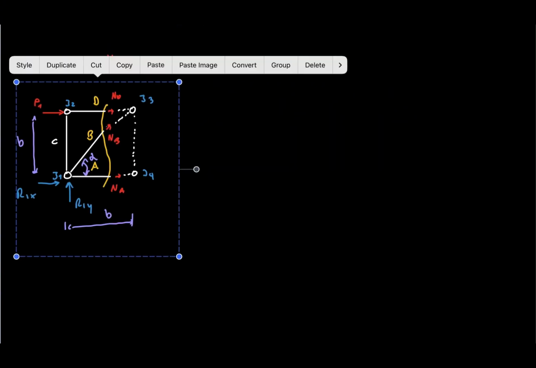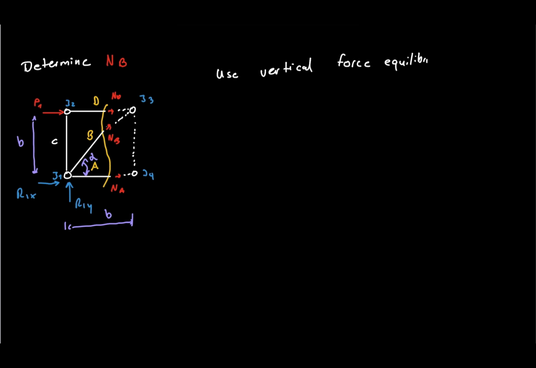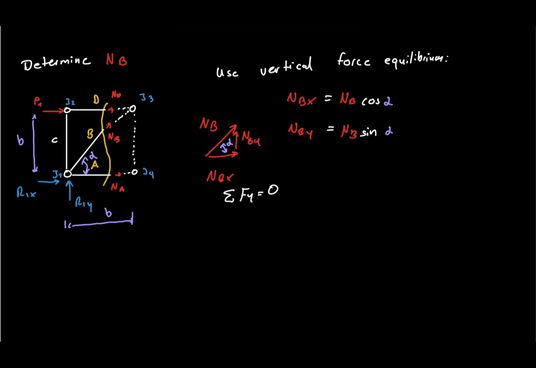Only member B remains. Because the panel width and height are equal, the diagonal member forms an angle of 45 degrees. We resolve its force into horizontal and vertical components and use vertical force equilibrium. The vertical component of member B must balance the vertical support reaction.